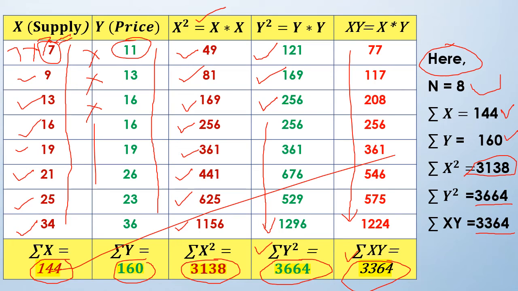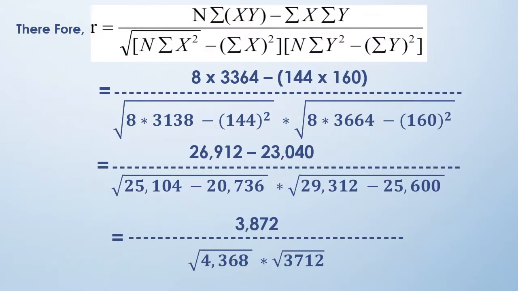This is the type of table we prepare to calculate the r value, and we take the sum x, sum y, sum x square, sum y square, and summation xy. Then we put the values in the formula, which we learned in the last lecture and in this lecture also.